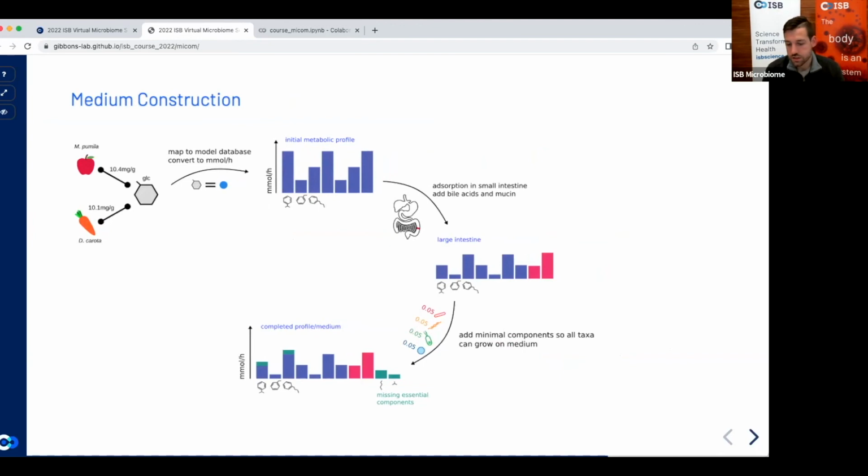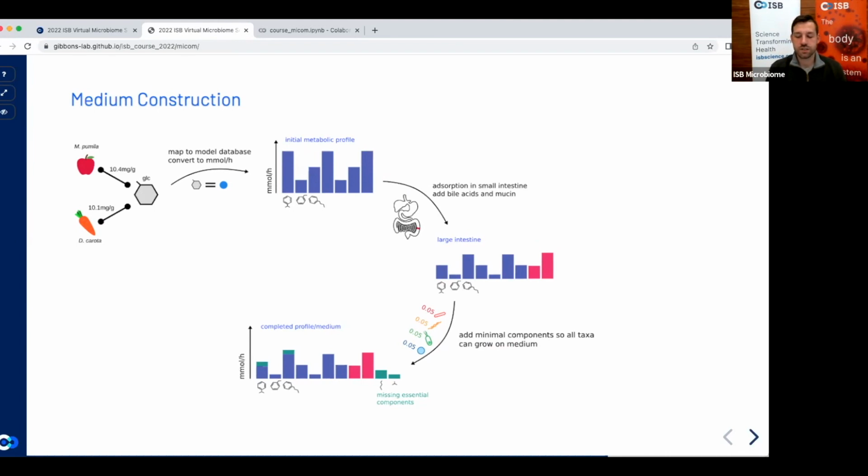In order to construct the matched media that we'll be using for modeling the communities, we first had to determine the dietary components present in the standard diet of each community, as I explained in the last slide. So we basically found the food components that are present in a typical meal for each one of these communities. Next, we mapped each food to its constituent components using a food database.